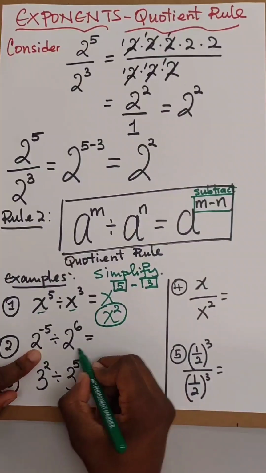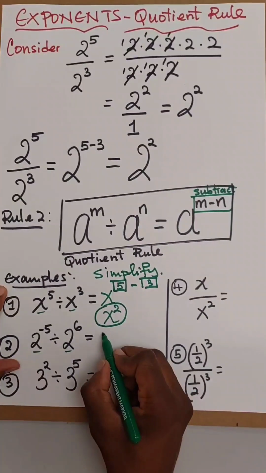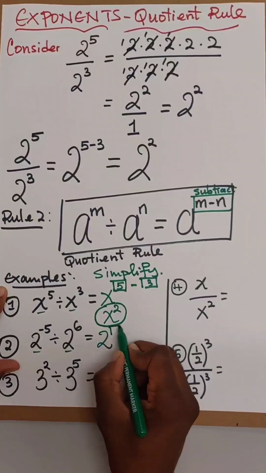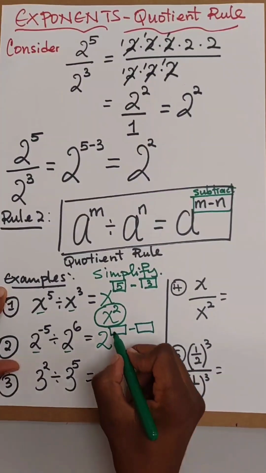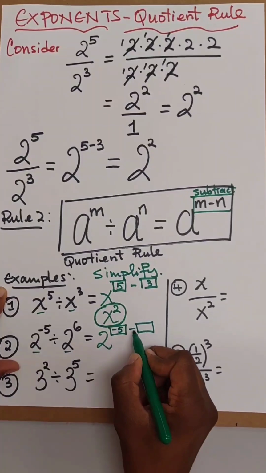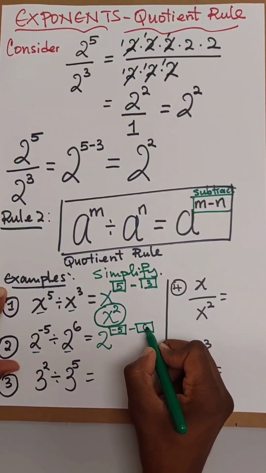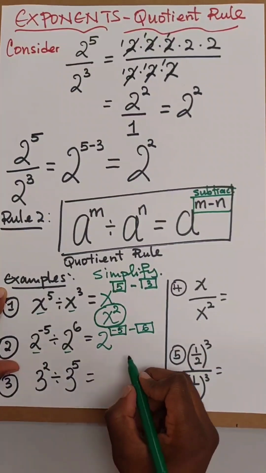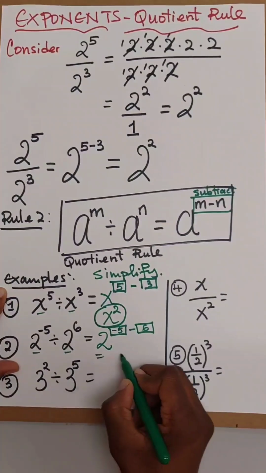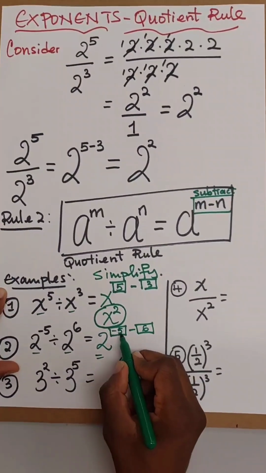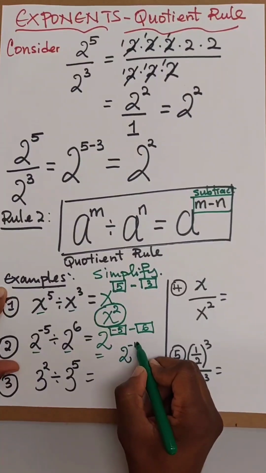So same thing, identify base numbers, keep the base number, subtract the exponent. At the exponent level, we have -5 minus the second exponent is 6. So keep the base number. So this equals, keep the base number of 2. -5 minus 6 is -11.